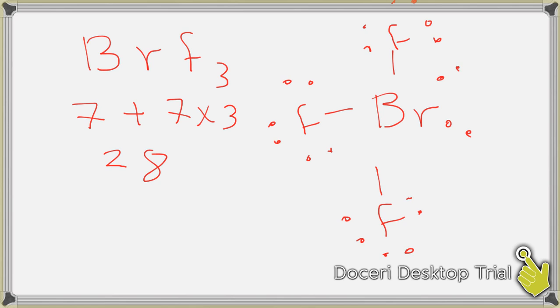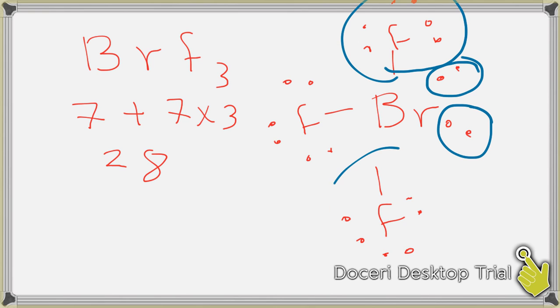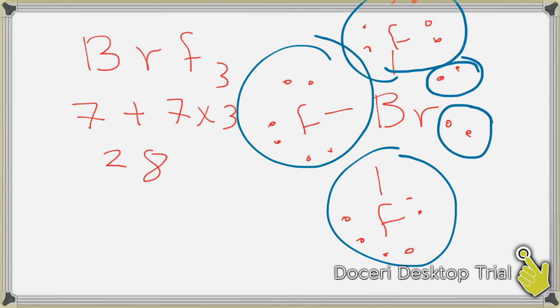For electron geometry, you look at the number of electron domains around the central atom. I have 1, 2, 3, 4, 5. Whenever you have 5 electron groups, the geometry is trigonal bipyramidal. So my electron geometry is trigonal bipyramidal.